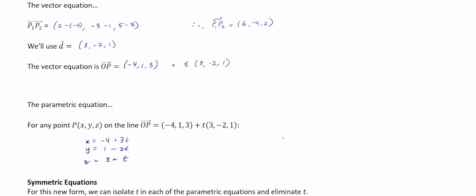And one thing to consider is that if you want to find, say, an x-intercept, we'll write this out over here. If we want to find the x-intercept, then y is equal to 0, but also z is equal to 0.